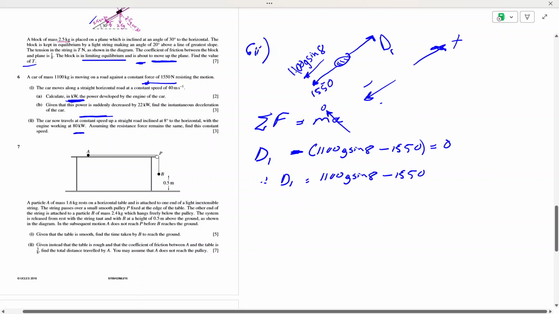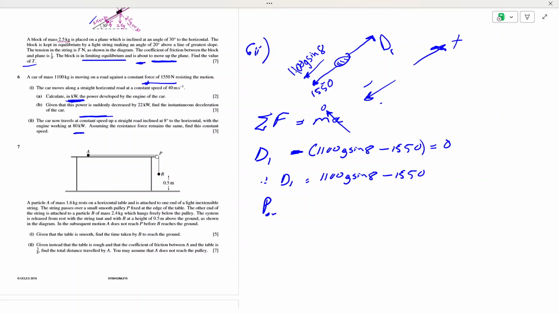Okay, then I know that the power is equal to D1 v, and this is equal to 80 kilowatts, which is 80 by 10 to the 3, right? So v now is going to be equal to 80,000, the power, divided by D1 to get the value for v.